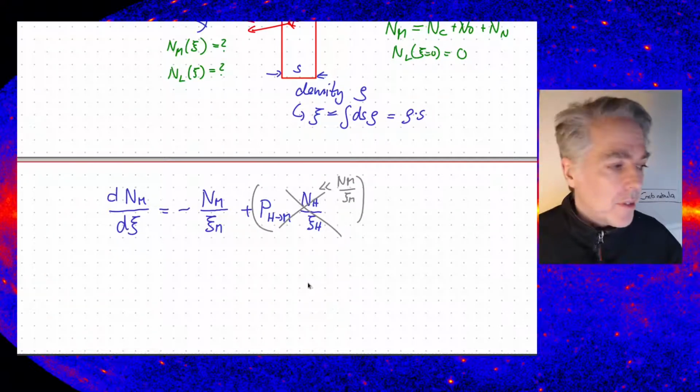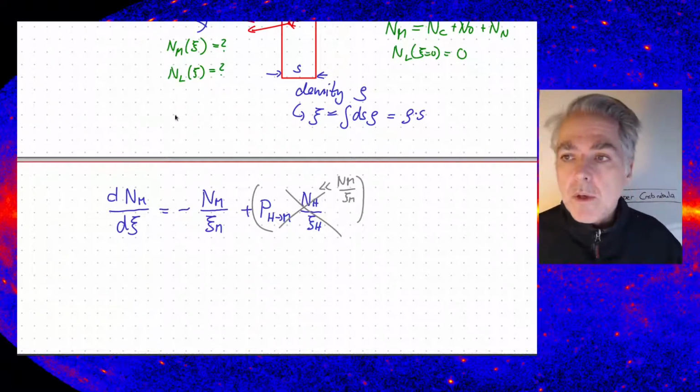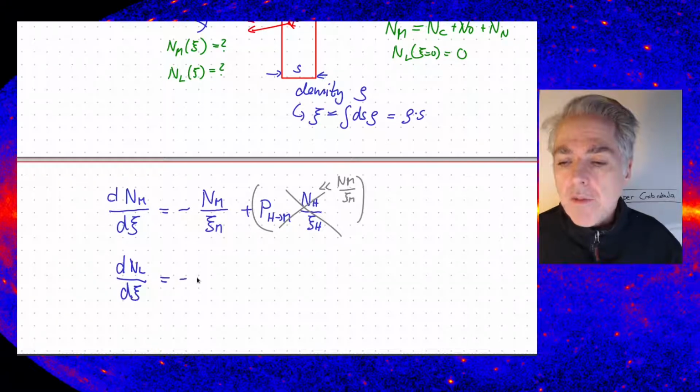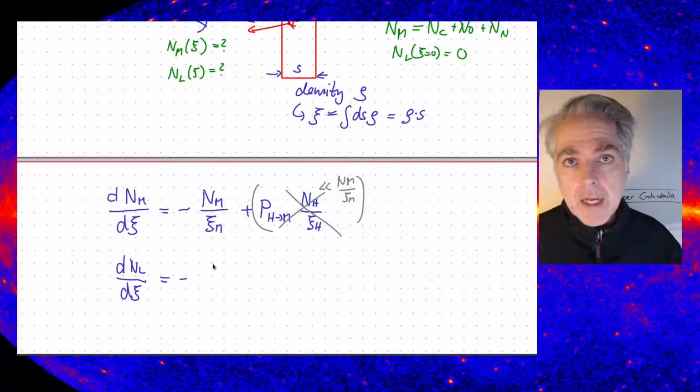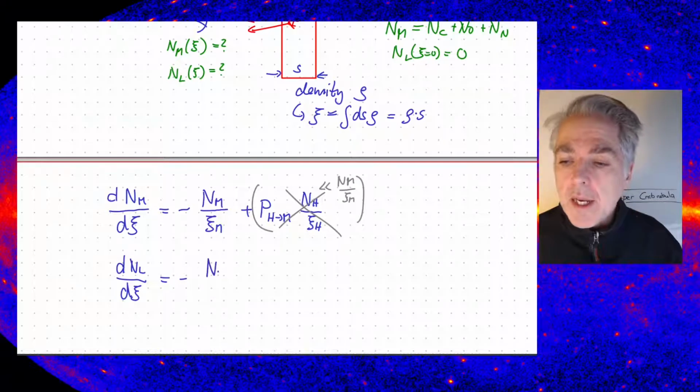So that's simple. But while doing so, we also want to solve the equation for Nl. So let's look at the equation for Nl. That would be, again, the losses through spallation. The light elements would also do spallation and they would produce hydrogen and helium. So there would be Nl divided by Xi-l.